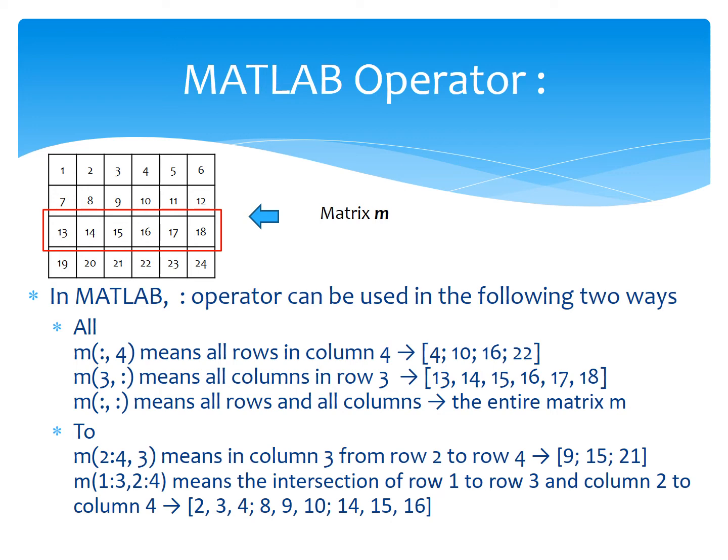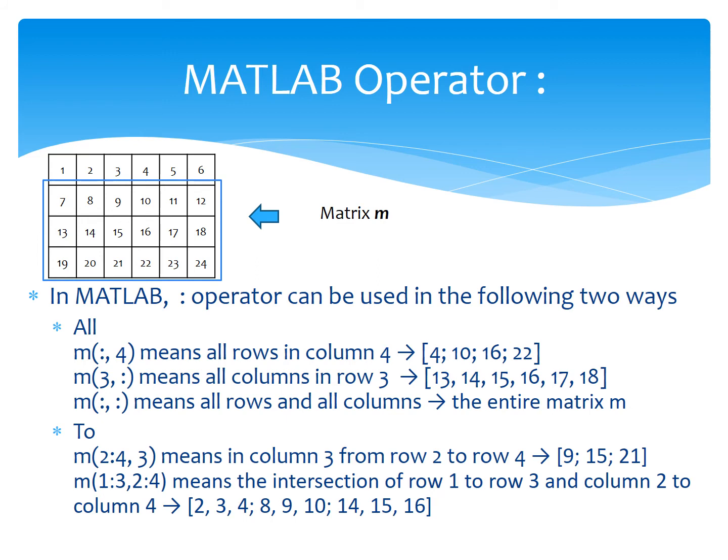The second usage is that when the colon operator is used together with numbers in matrix indexing, the operator means to. For example, M(2:4,3) means in column 3 from row 2 to row 4.